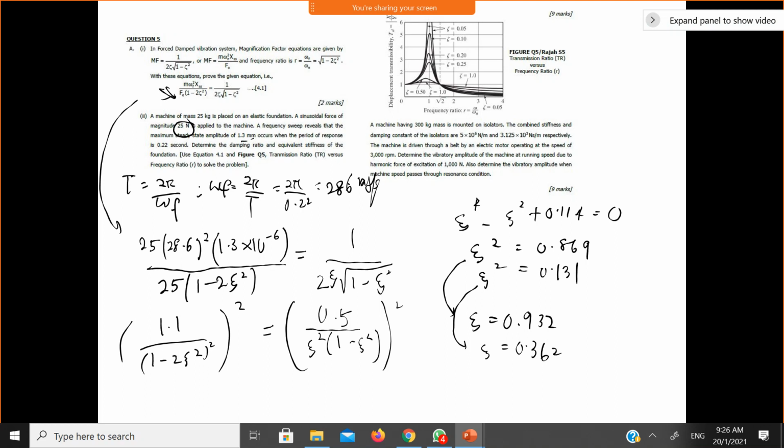Why do we have to choose 0.932? This one you must know. Why do we choose 0.932? Okay, let's say if we choose 0.932, you must remember that the larger value must be discarded because the frequency sweep only occurs at a maximum of 0.707. That is why this is important.